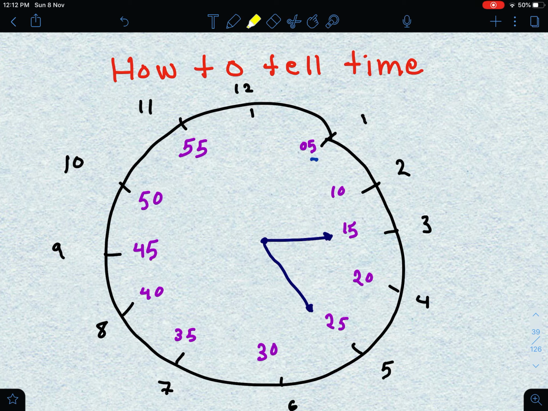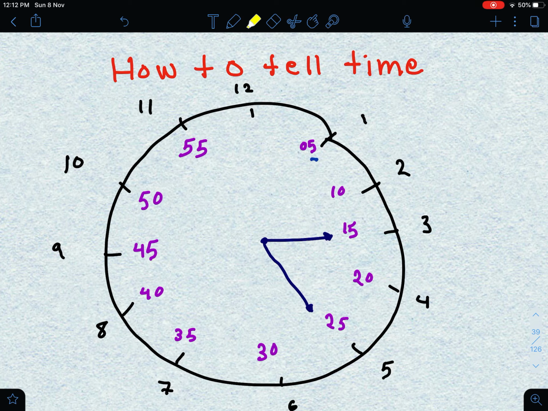And I have written the minutes in purple: 05, 10, 15, 20, 25, 30, 35, 40, 45, 50, and 55. In the first way, we start with the hour, and then after it the minutes.